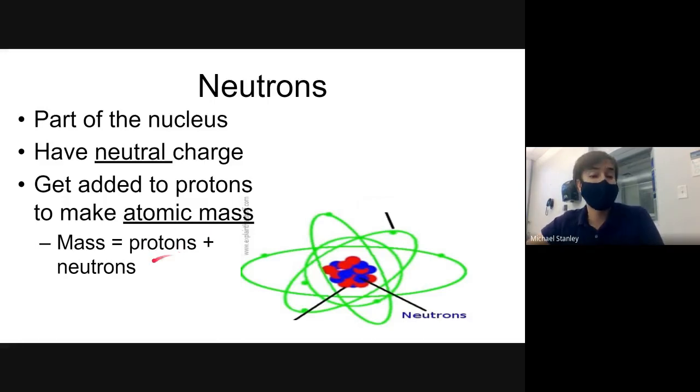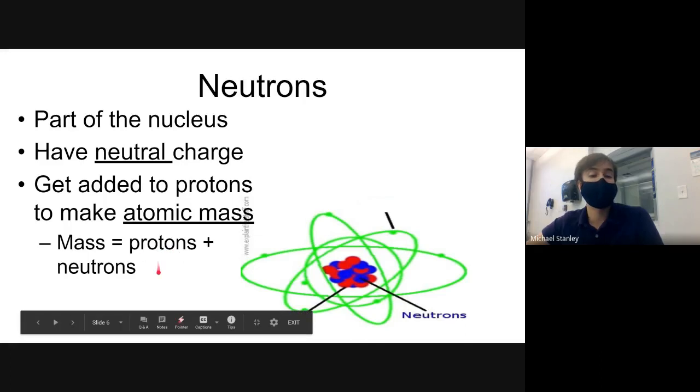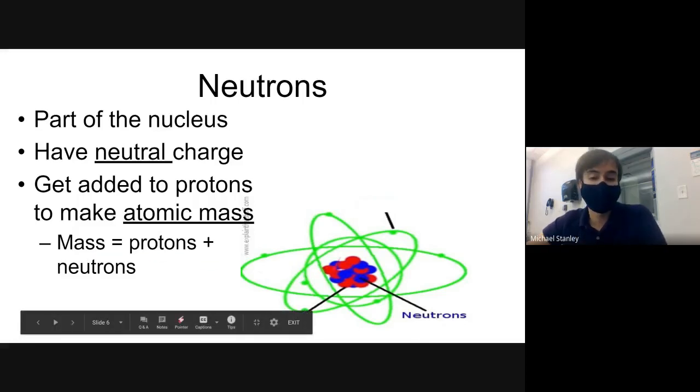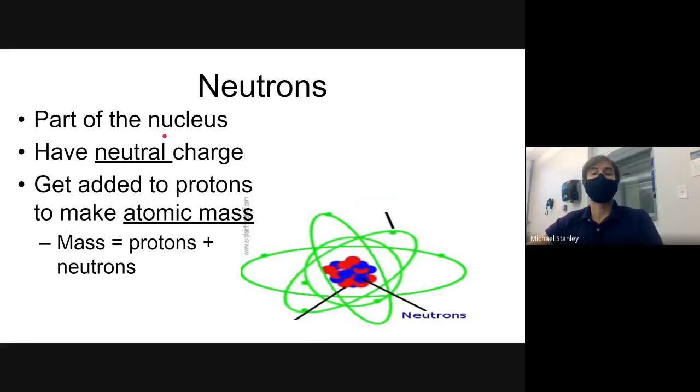So if you add however many protons and however many neutrons that you have, you'll be able to figure out the weight or the atomic mass of the atom. So neutrons are neutral. They hang out in the nucleus. And if you take your protons and neutrons and put them together, you can figure out the weight or the mass of the atom.